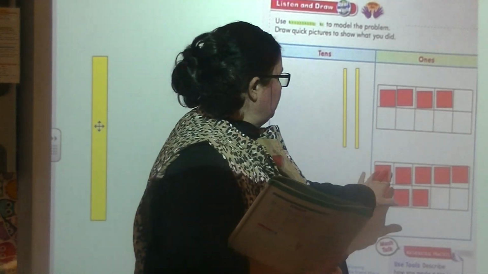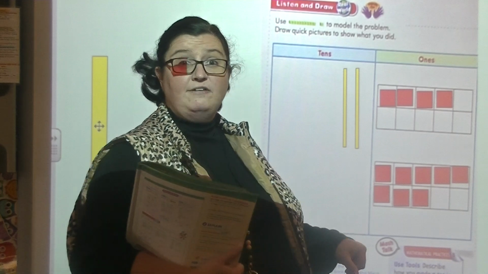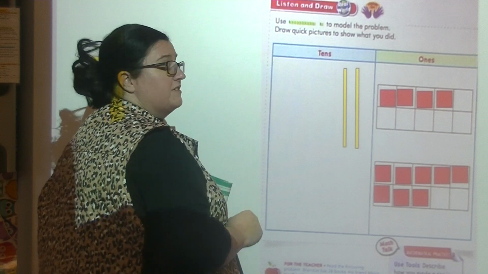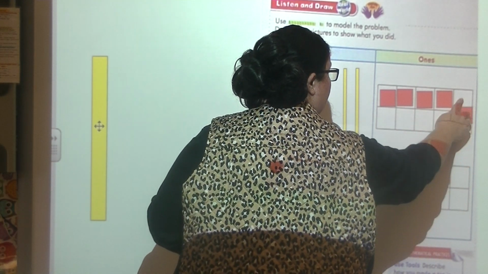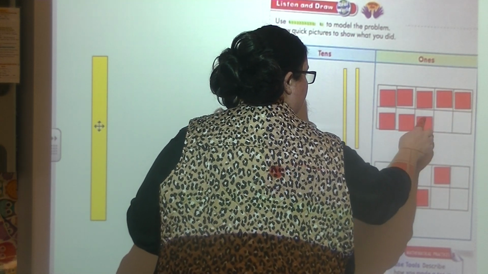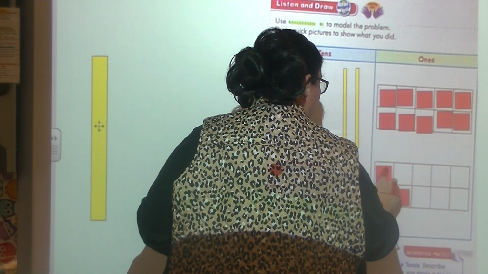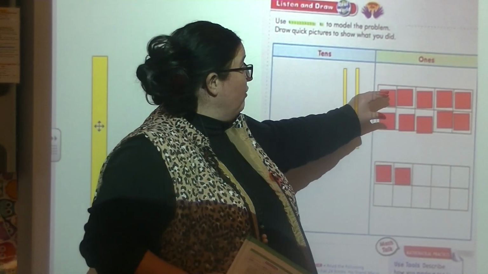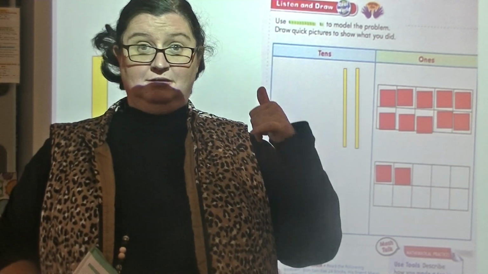All right, I need to move some of these up, make a whole group of 10, and then the ones left over, right? All right, so these are his ones. Now let's move some of Mario's because we're adding them together and fill up this whole tens block. So now, I still have 12 ones, right? 12 is a group of 10 and 2 ones, am I right?